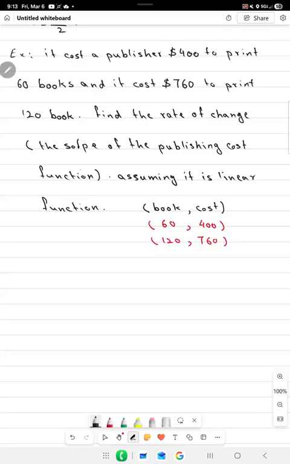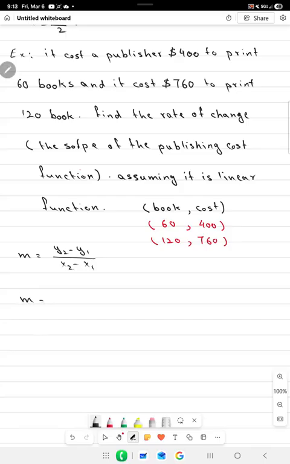To find the rate of change means to find the slope between these two points. Then m equals y2 minus y1 over x2 minus x1. For us, y represents the cost, right?